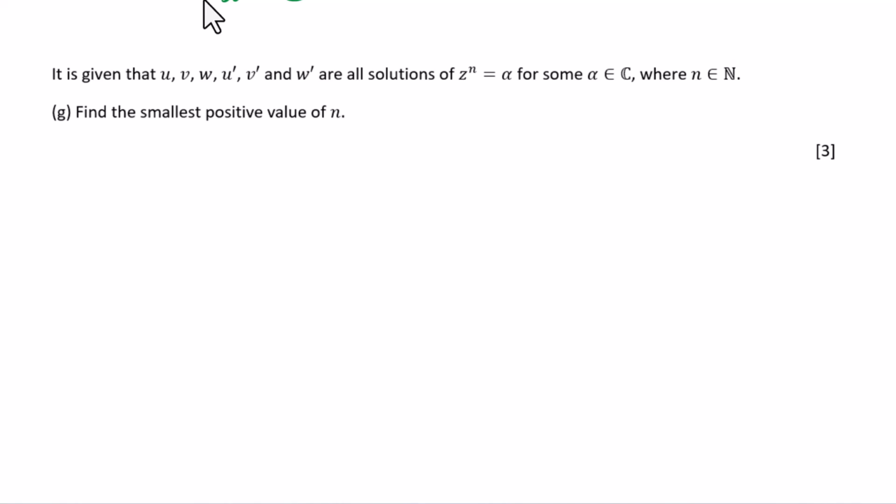Let's go to D. It's given that u, v, w, u prime, v prime, and w prime are all solutions of z to the nth power equals alpha, for some alpha, which are complex numbers, where n is a natural number.